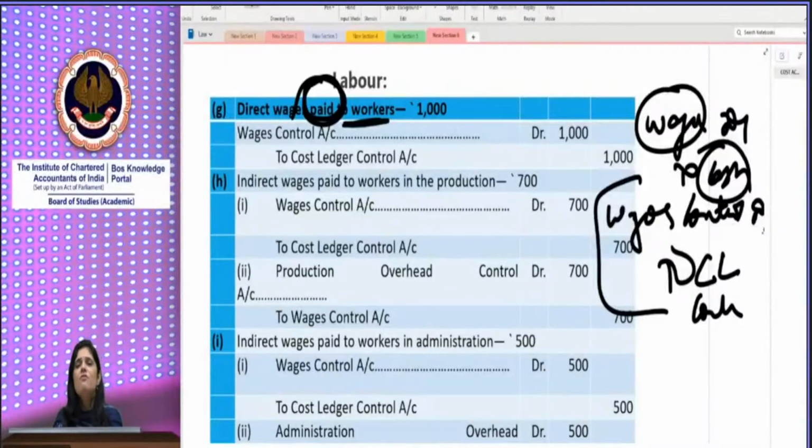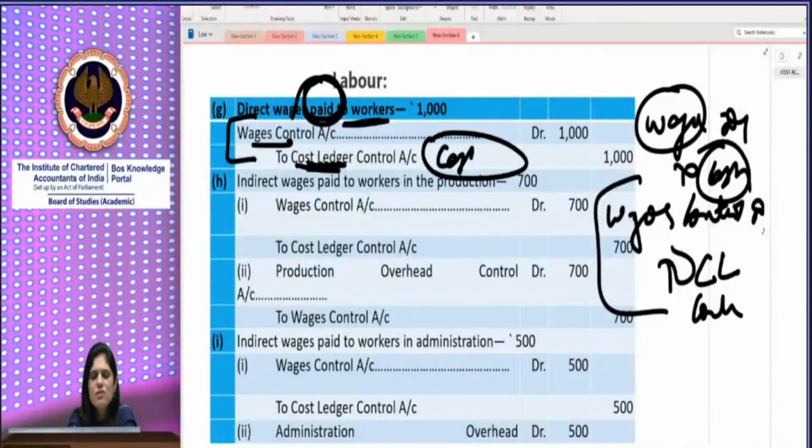If it is coming for the first time, it has to come through the cost ledger control account. And once it is inside the system, then the cost ledger control account has no role to play. Then we have internal transfers. Clear? So first we have to pay the wages. So wages control account debit to cost ledger. In place of cash or bank we have used cost ledger, since we can't use cash or bank.